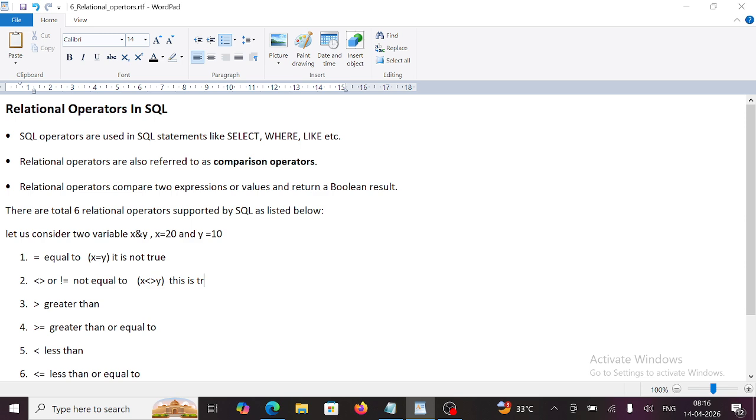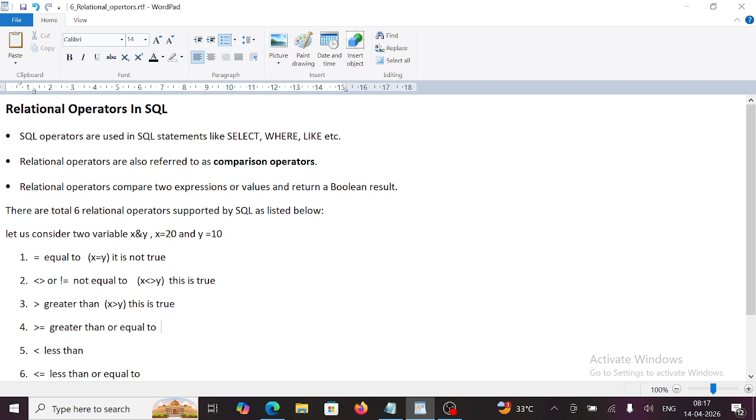The next is greater than. X is greater than y. So 20 is greater than 10. Yes, then it will result in a true Boolean value.